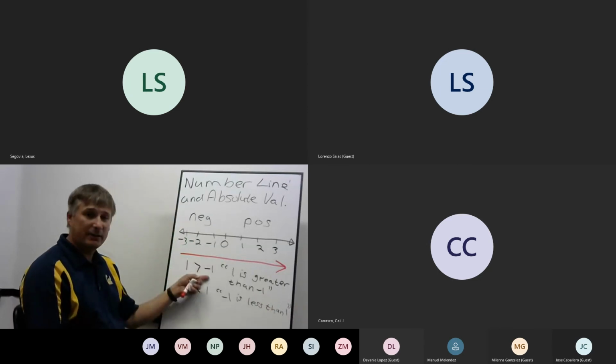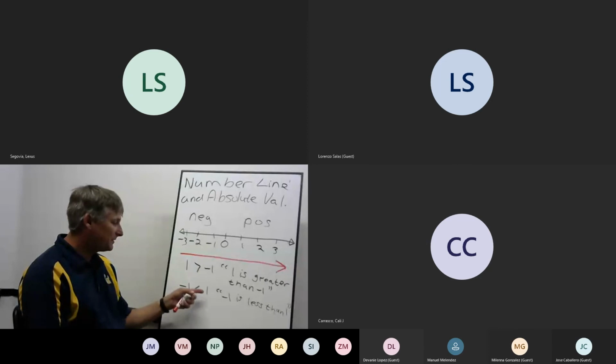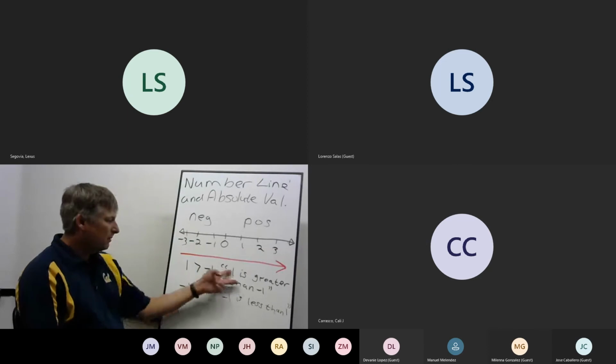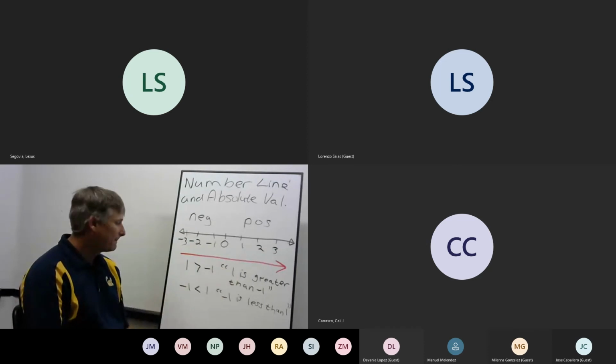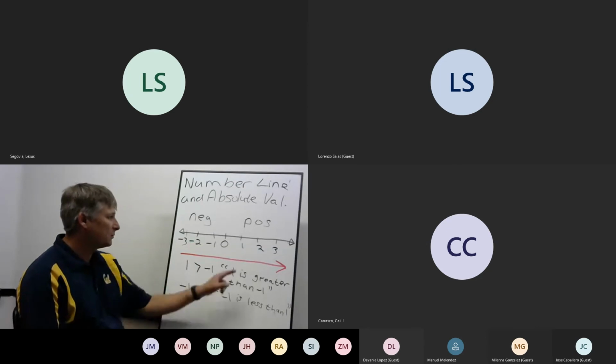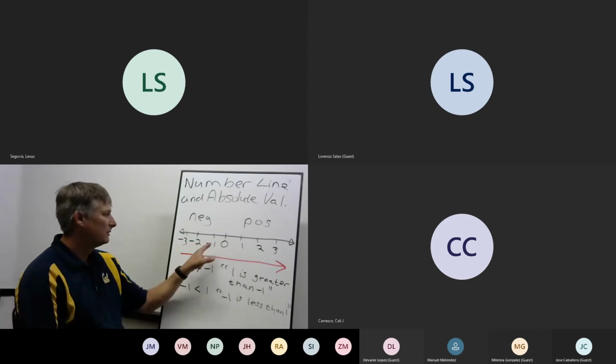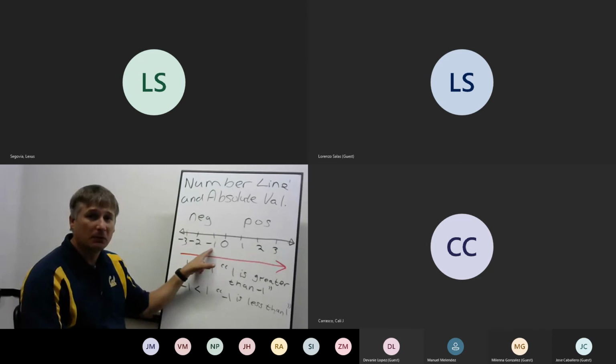So 1 is greater than -1, and -1 is less than 1. Both of these sentences say that 1 is bigger than -1. And that's because 1 is to the right of -1 on the number line.